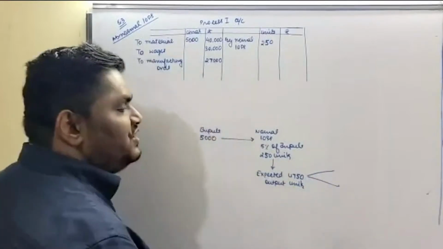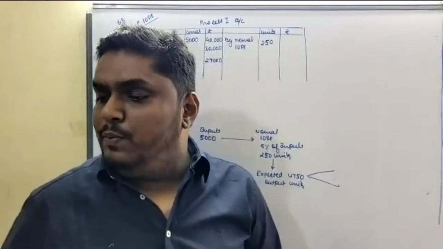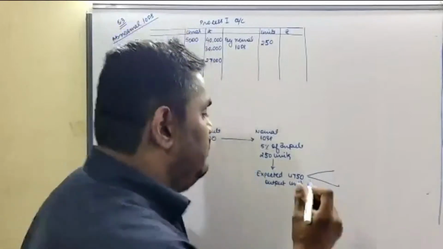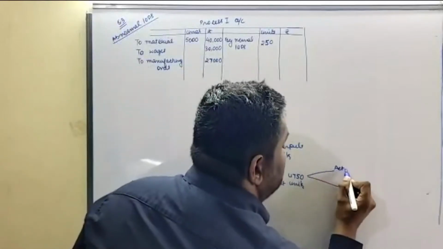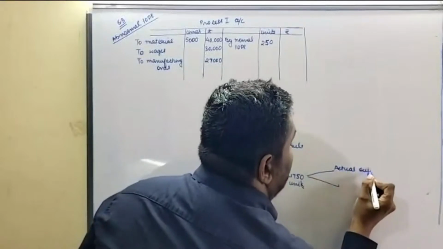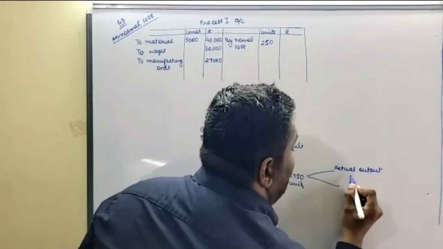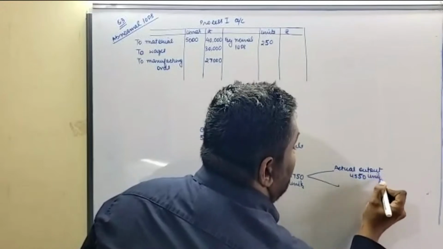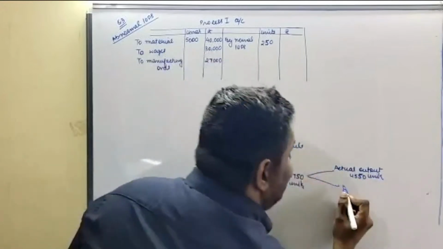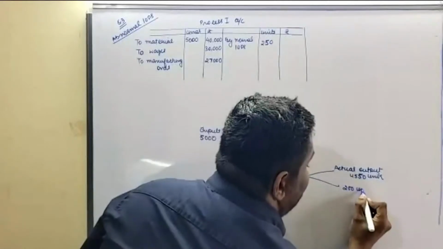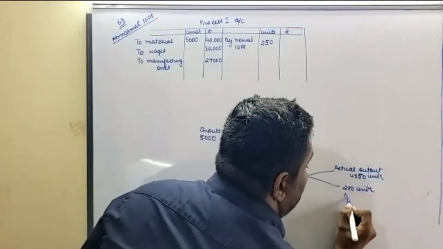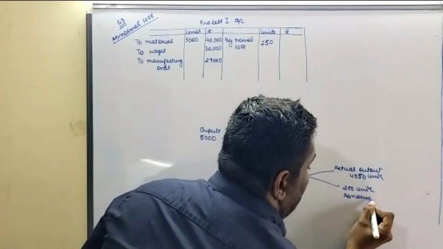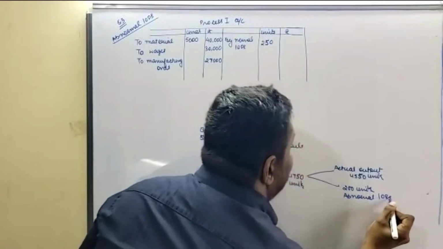However, in this question, my actual output is only 4,550 units. My actual output is how much? 4,550 units. So there is a loss of 200 units, and that is my abnormal loss.